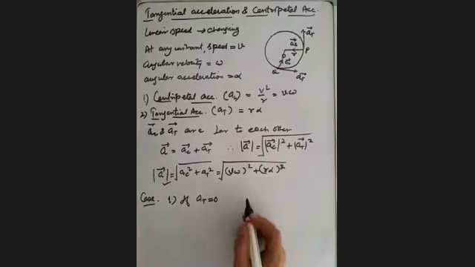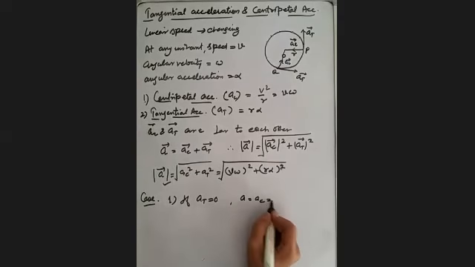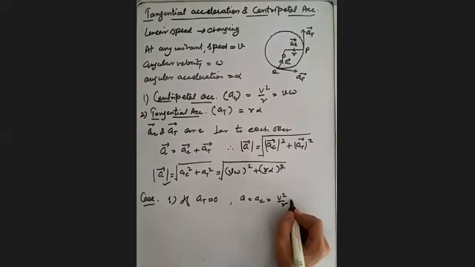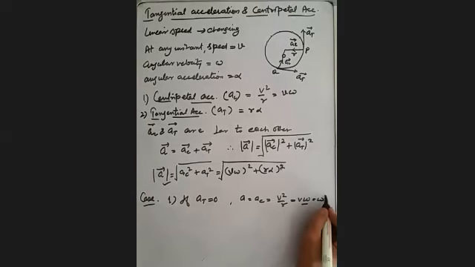Then the acceleration will be only equal to the centripetal acceleration. So acceleration will be AC equal to v squared upon R, or v omega, or omega squared R.